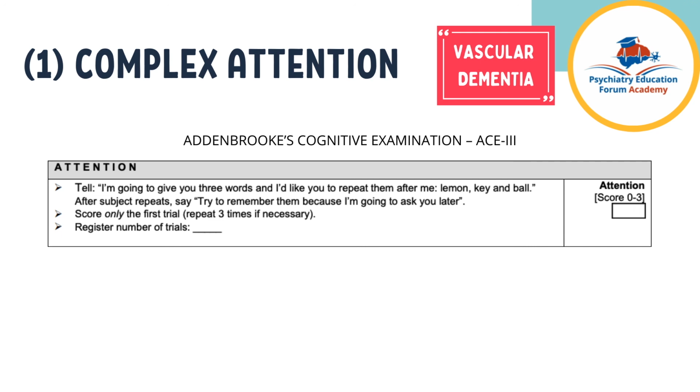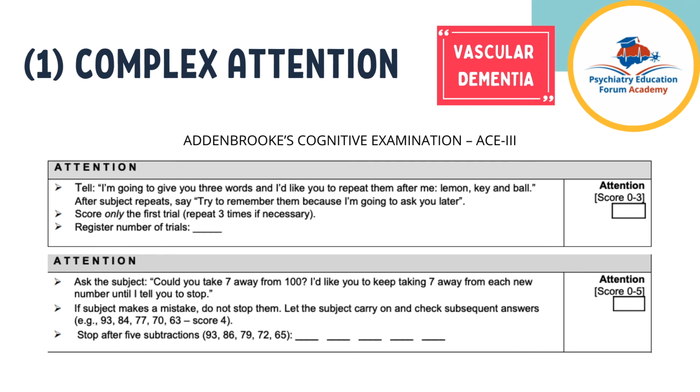And the other thing that ACE-3 will help us do is this one. You ask a patient to subtract 7 from 100, record the answer, and then ask your patient to keep subtracting 7 from each number until you ask them to stop.